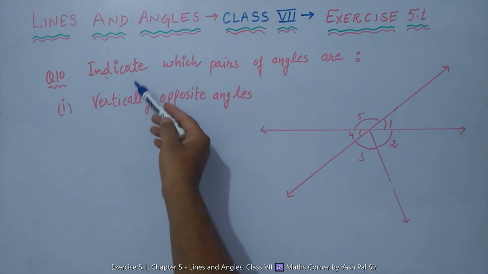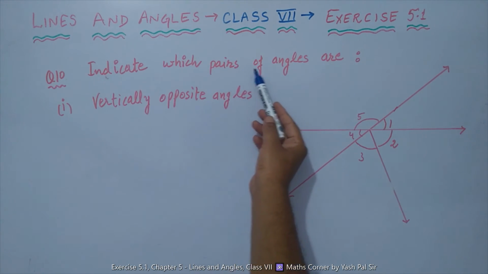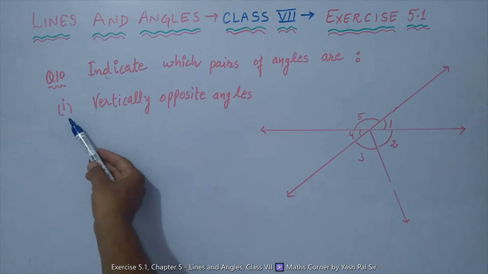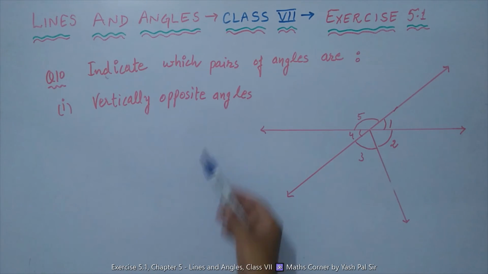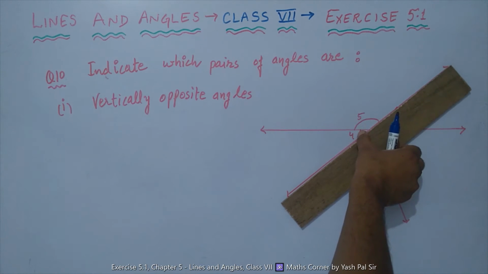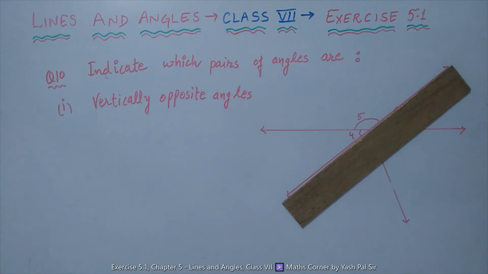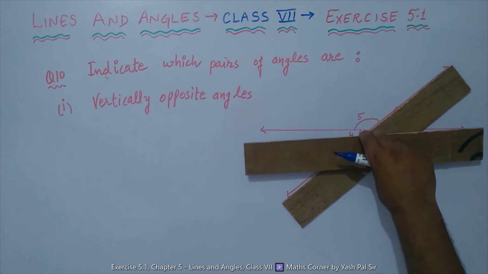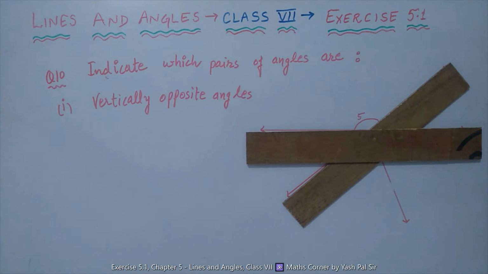Question number 10. Indicate which pairs of angles are vertically opposite angles. So my dear students, here first of all we have to find two pairs making the cross. So this is the one line and this is the second line.